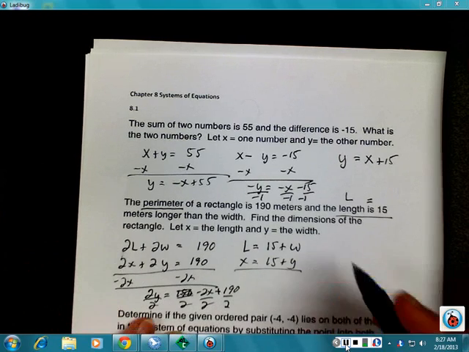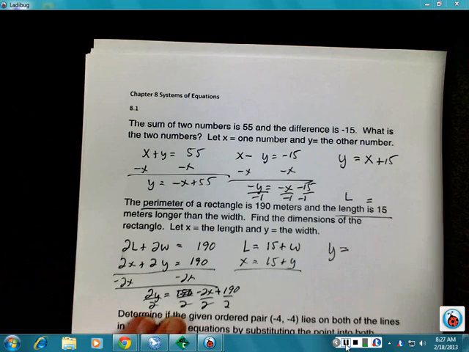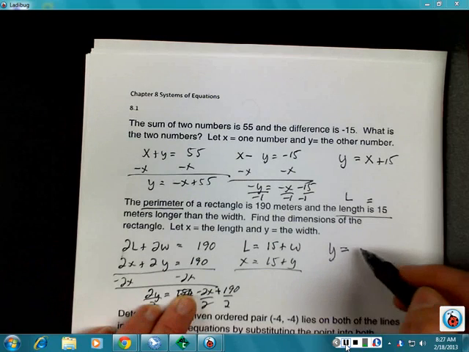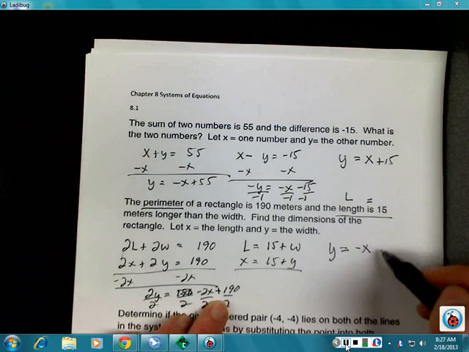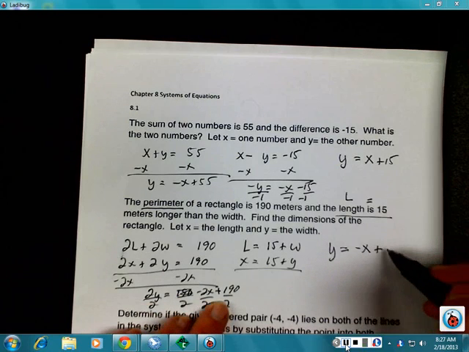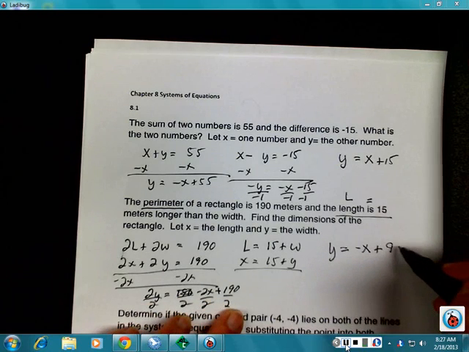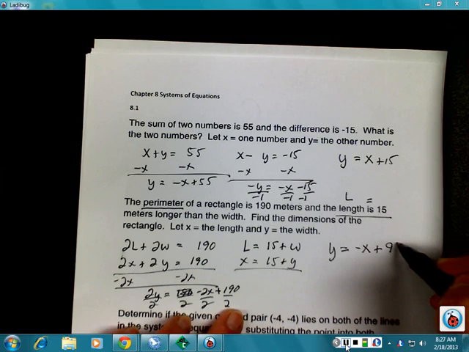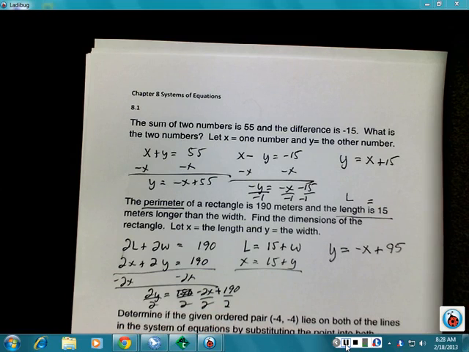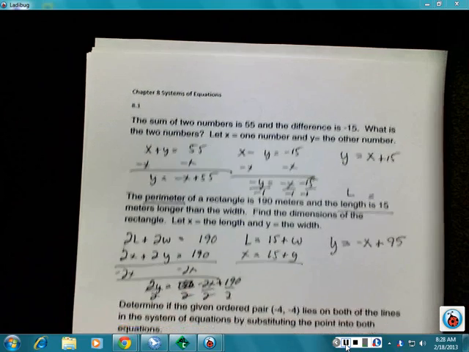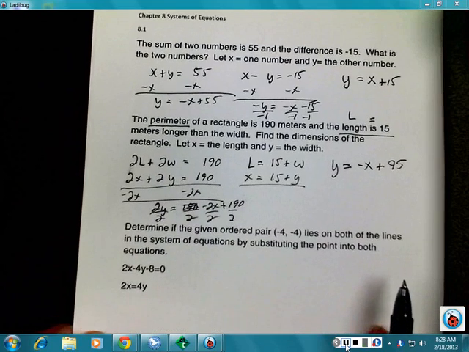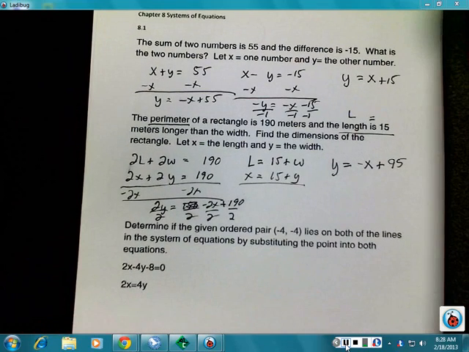And when I do that, I find out I have y is equal to a negative 2x divided by 2, which is a negative x. Then 190 divided by 2 is 95. Yeah. So you plug that into your HAWKES stuff, and it will do the graphing for you. Okay? So let me move it up a little bit here for you. Okay? Make sense?